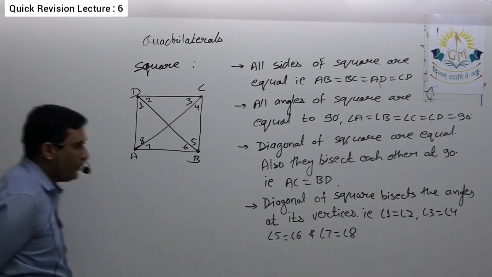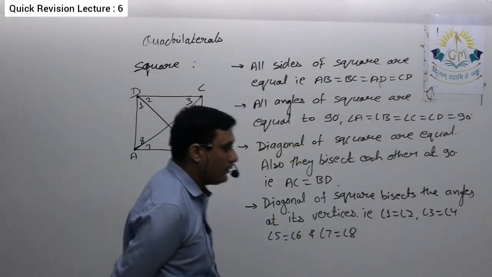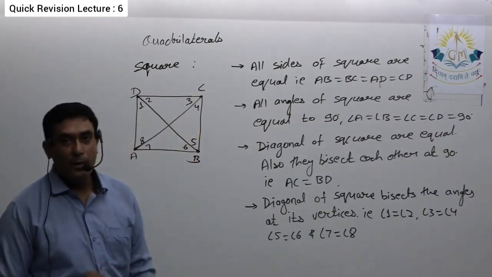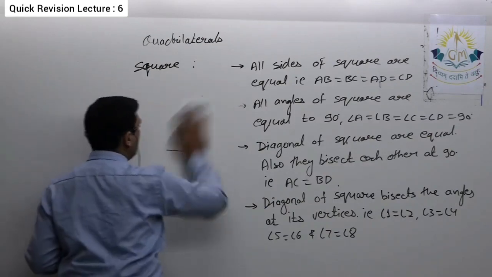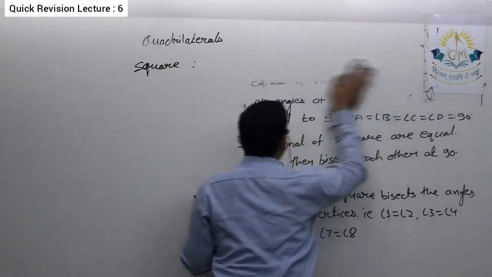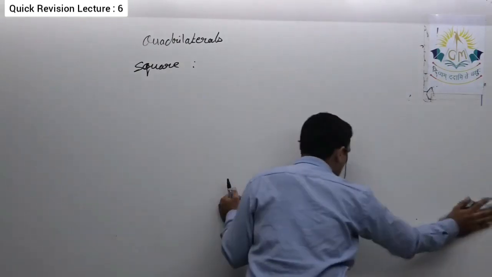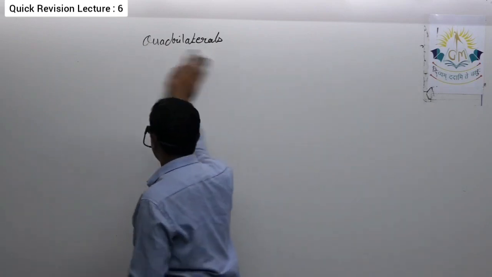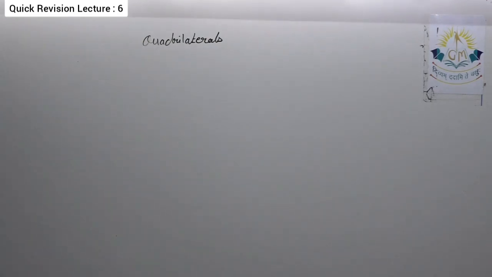Now all the properties of parallelograms as well as rectangles, squares and rhombus are also correct if you make their converse. So now we'll see those properties once again in terms of theorems, because these properties are also true if we make their converse.